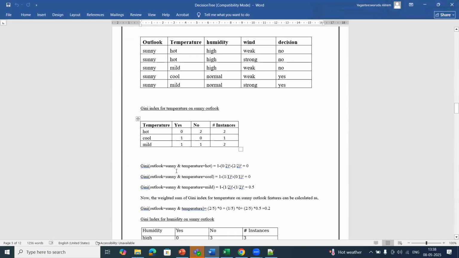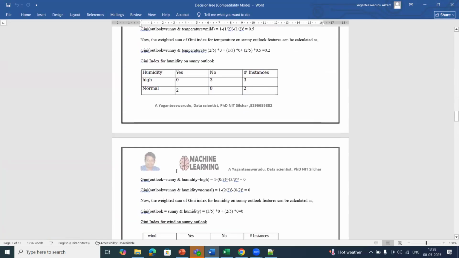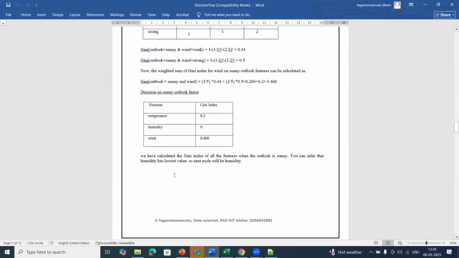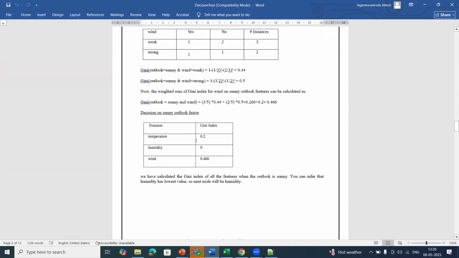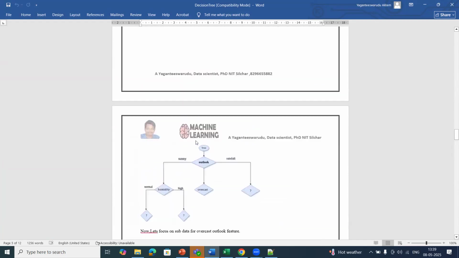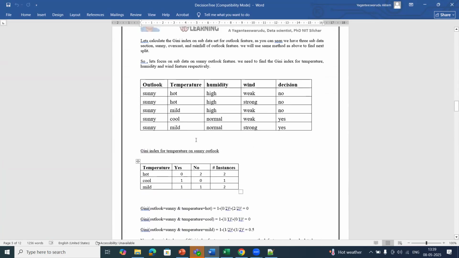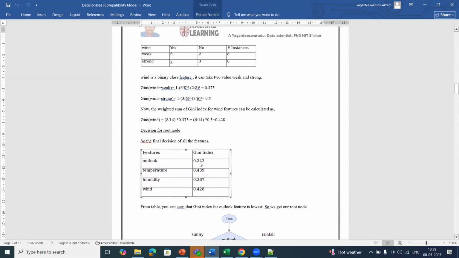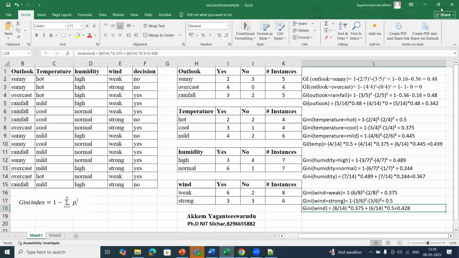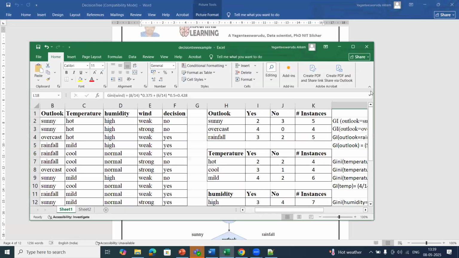So once you calculate the final Gini index, see here, the Gini index for Outlook is 0.342, whatever the calculations we did, right? So compare with this, whether we placed the same or not.